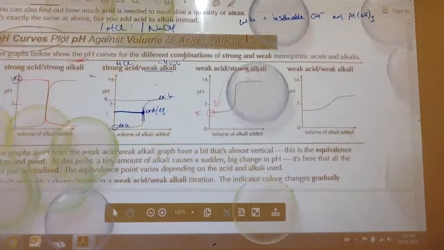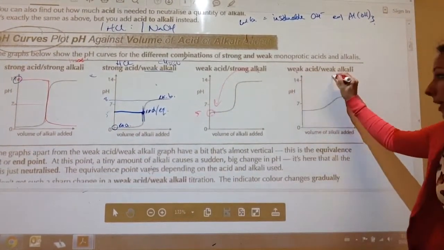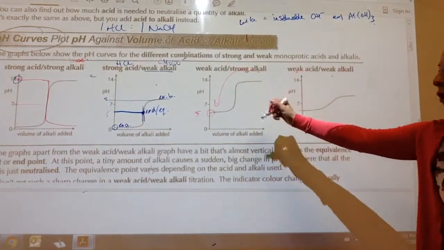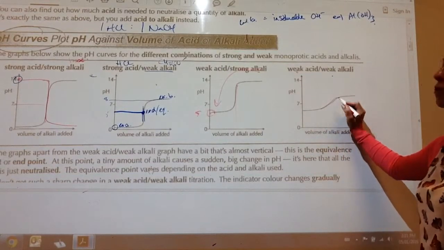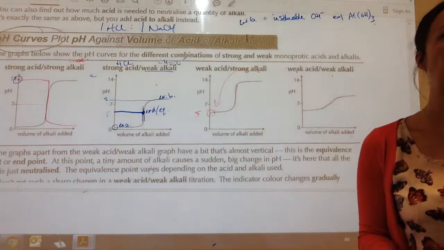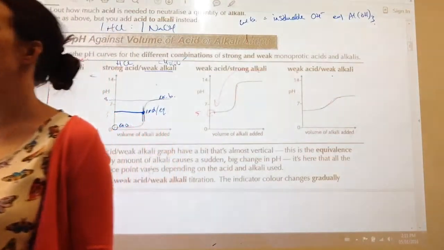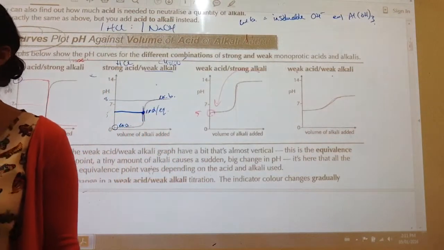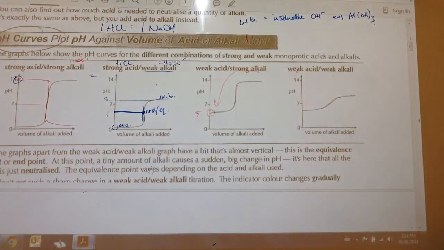And then your last one here is a weak and a weak, and there is no sharp endpoint. There is no beautiful color change within a drop. There's this gross, drawn out, colorless, really light pink, a little darker pink, right? Whereas with a sharp endpoint, if I were to add another drop, it would become overshot instantly, dark pink instantly.